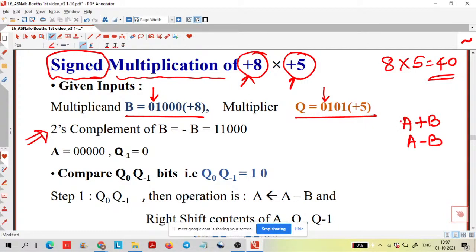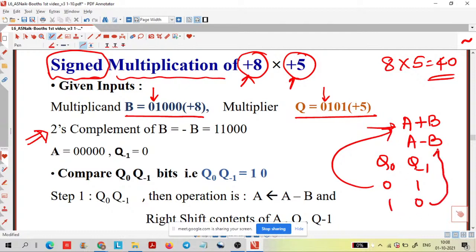When do we perform them? If Q naught and Q minus 1 are 0 1, it is A plus B. If 1 0, it is A minus B. So that's why you have to follow the rules, which is very important.